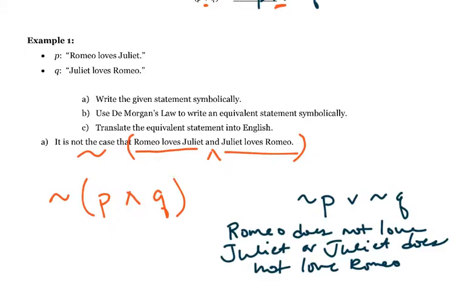If you think about this, the negation is not the case that Romeo loves Juliet and Juliet loves Romeo. Essentially what that means is that at least one of them does not love the other. Or maybe both don't. But that's what's implied in this statement, and that's why that is a logically equivalent statement to not P or not Q.